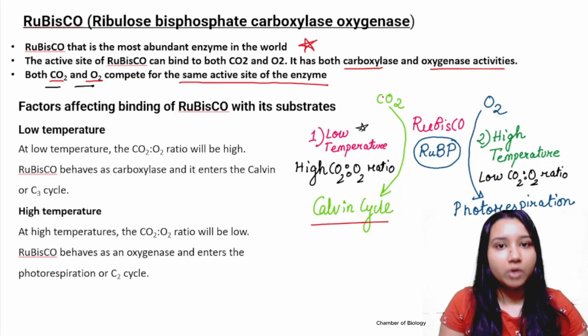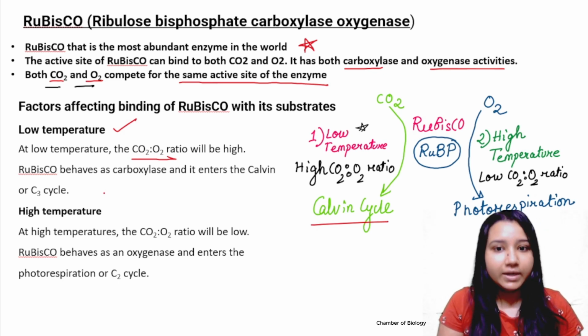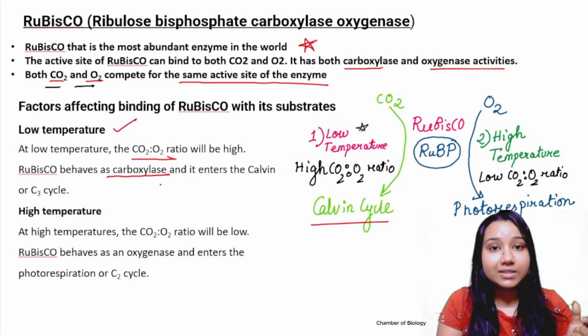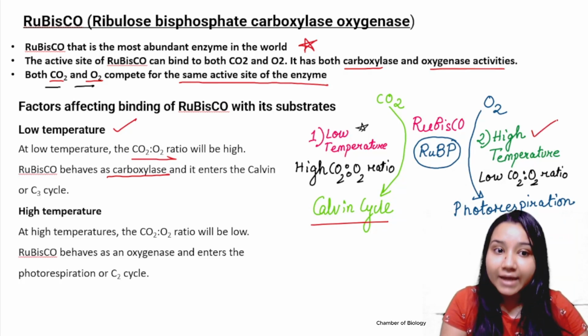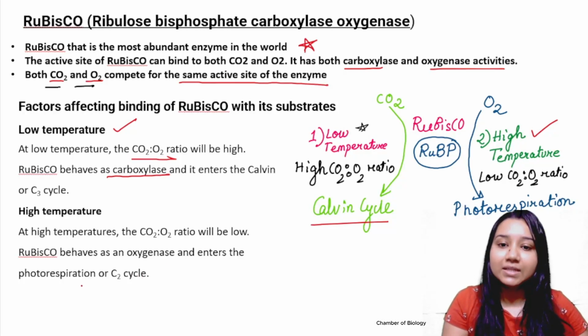Whenever there is a high amount of carbon dioxide in the air, that means at low temperature and a high carbon dioxide to oxygen ratio, only then does Rubisco behave as carboxylase. On the other hand, if the enzyme acts as an oxygenase, that is when there is high temperature and a low carbon dioxide to oxygen ratio, and that is the time when we see the C2 cycle or photorespiration occur.